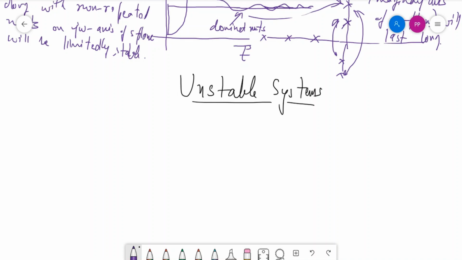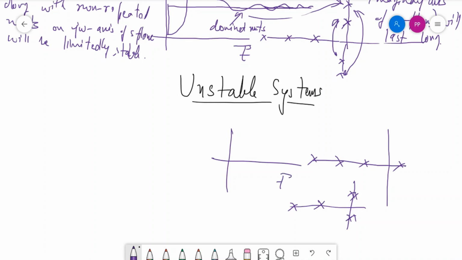Similarly, if all the roots are on the negative real axis and there is a repeated root on the imaginary axis, then also the system will become unstable. Suppose I am giving a step input, the response will definitely be like this. So this is the example of an unstable system.